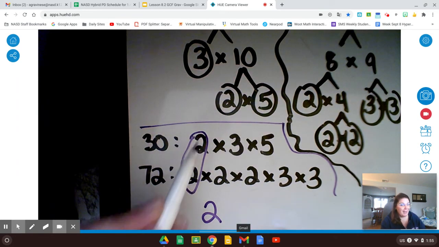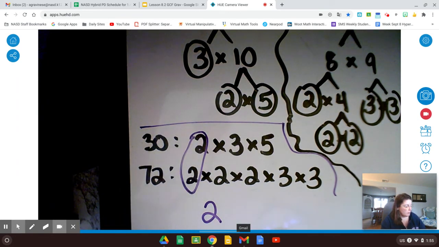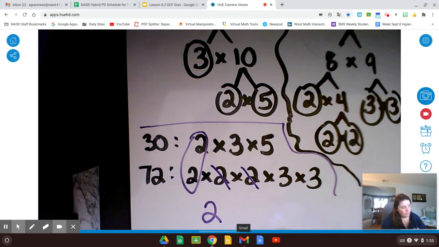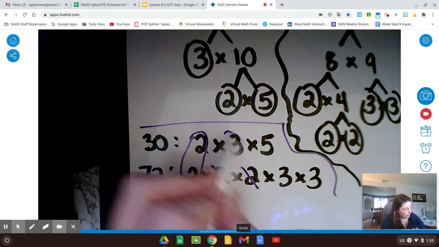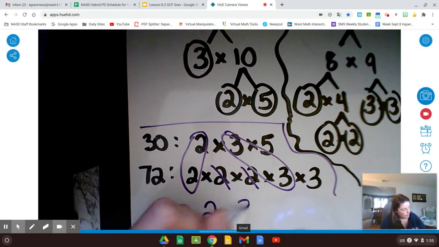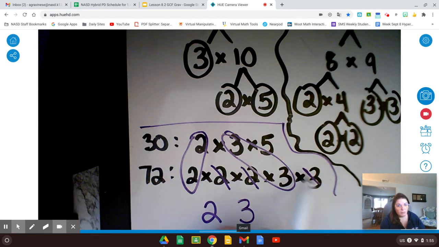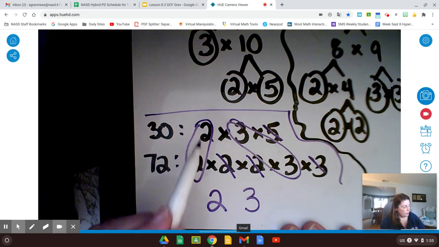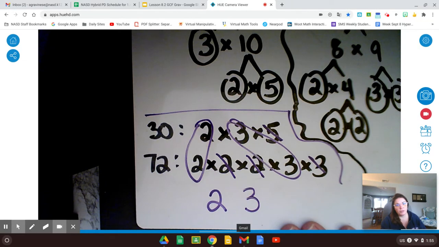I'm just saying that they have a 2 in common. They don't have any more 2s in common because 30 doesn't have any more 2s. They have a 3 in common. They don't have any other 3s in common, and 72 never had a 5. So they have 2 primes in common. They both have a 2. They both have a 3.